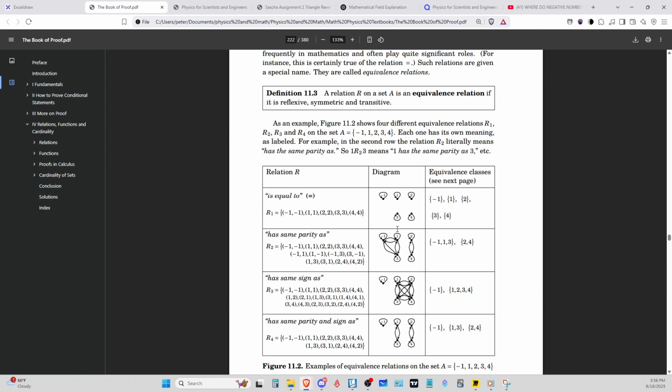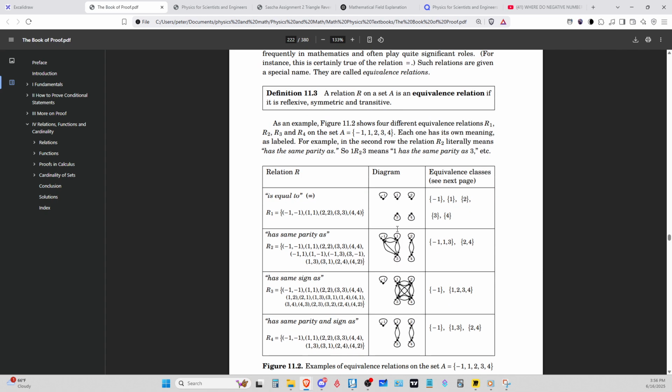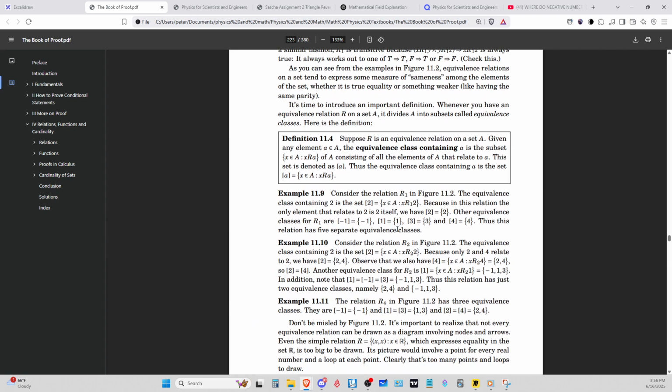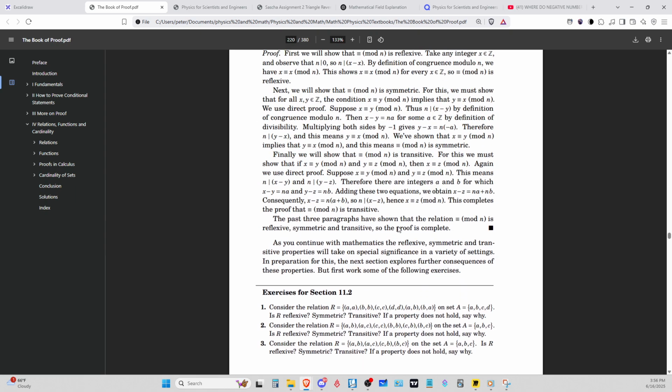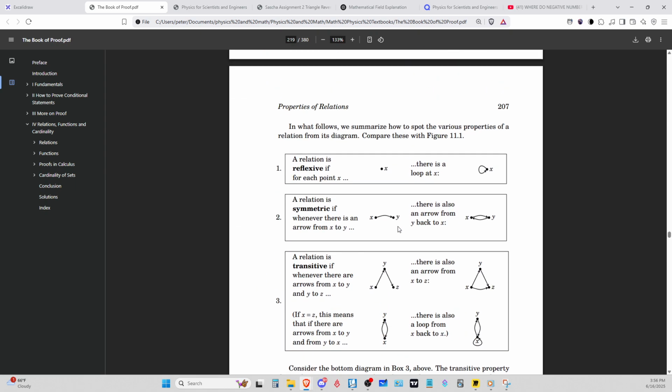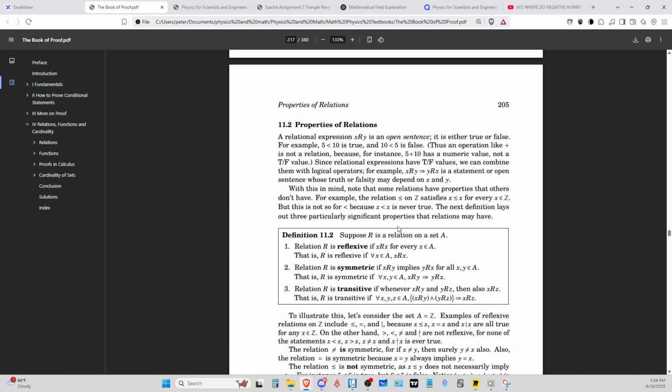Here we have equivalence relations and equivalence classes. So we probably have to study up on these in more depth.